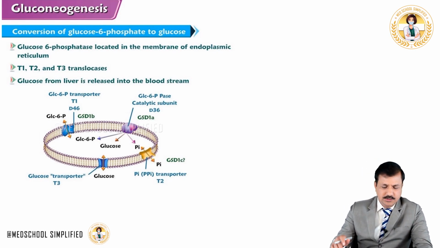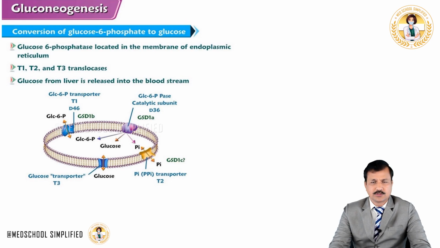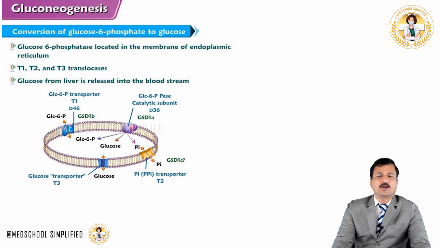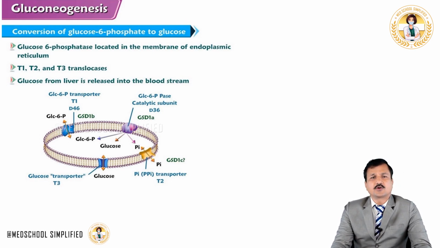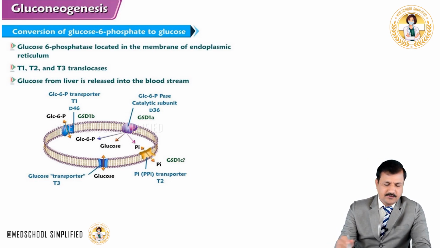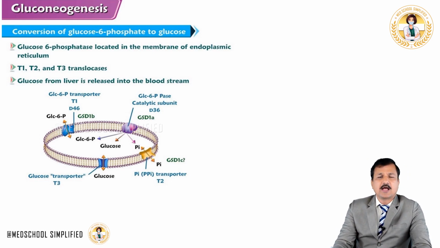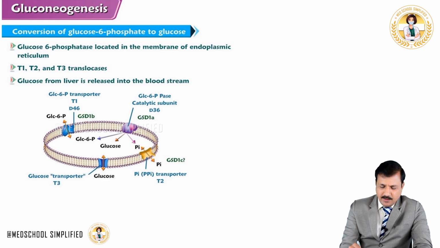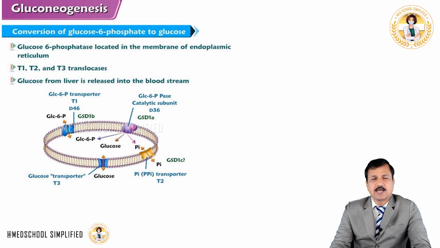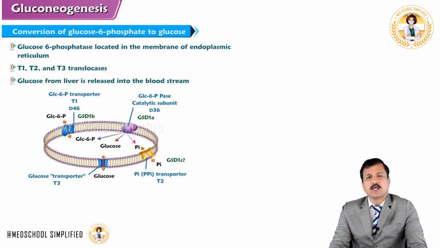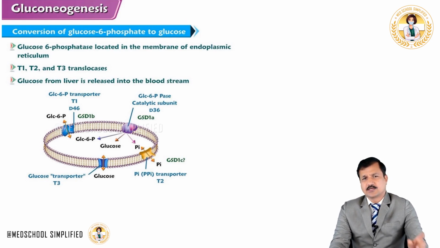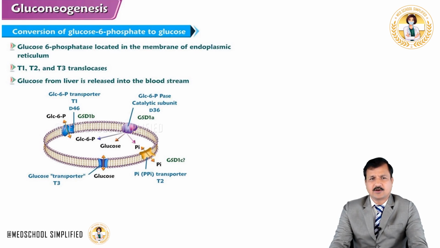Now let's look at how glucose 6-phosphate is converted into glucose. What we have seen so far from the previous slide is that fructose 1,6-bisphosphate is converted to fructose 6-phosphate, and fructose 6-phosphate will be converted into glucose 6-phosphate by the phosphoglucoisomerase enzyme. Then glucose 6-phosphate has to be converted into glucose, and that's the third hurdle we need to take care of, because the first irreversible reaction in glycolysis is the glucokinase-catalyzed reaction.